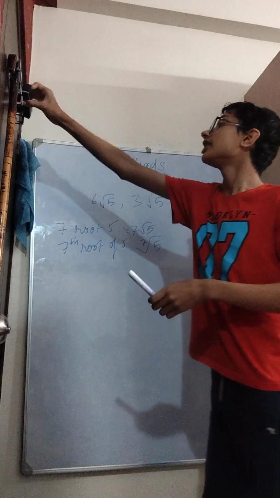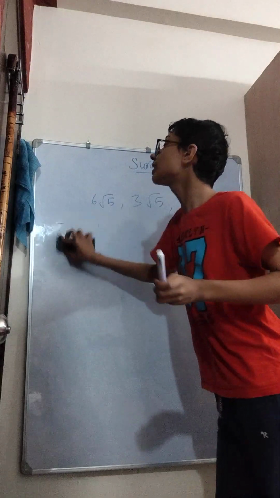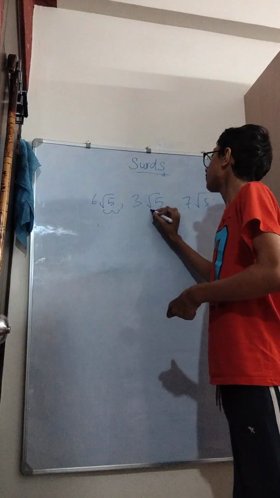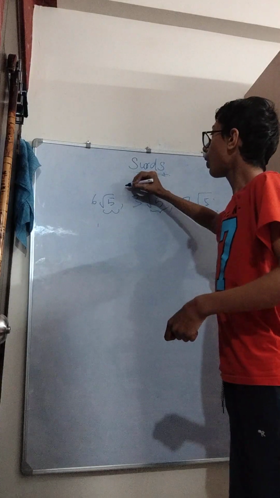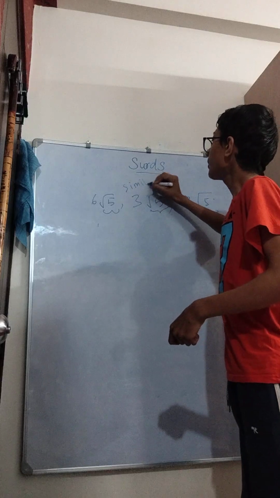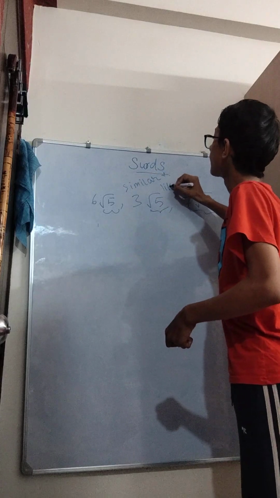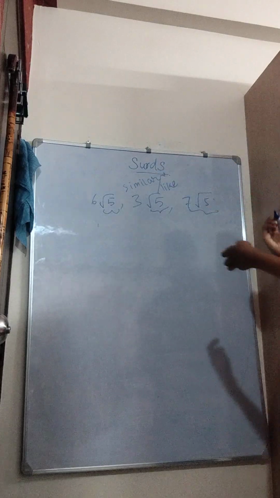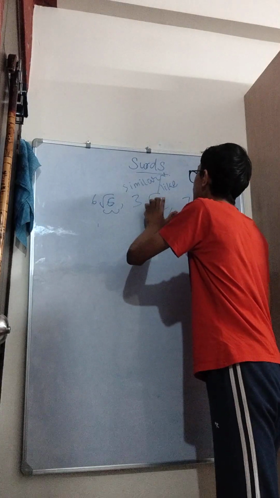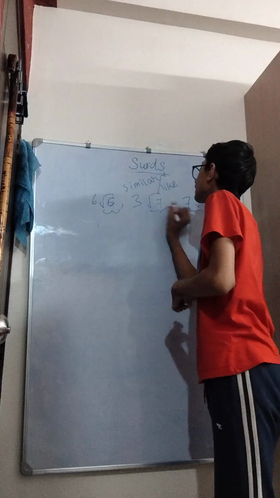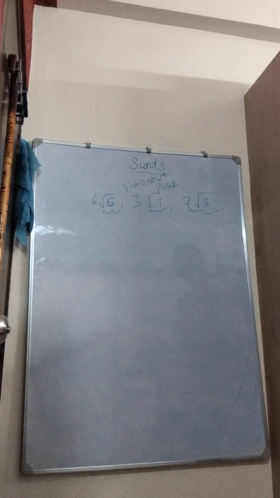Whenever the radical part is equal between some surds, like root 5, root 5, root 5, these are called similar or like surds. But what if it's 6 root 6, 3 root 7, 7 root 5?